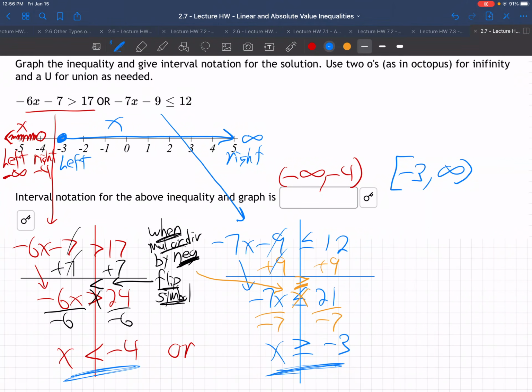In the middle, you have to put a U, because you're saying that the answer is those two regions united. There are a couple of ways you can do it.